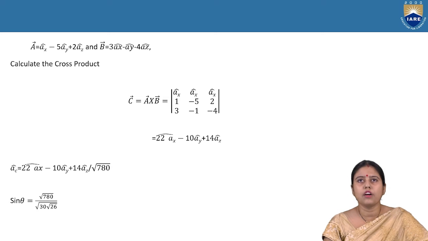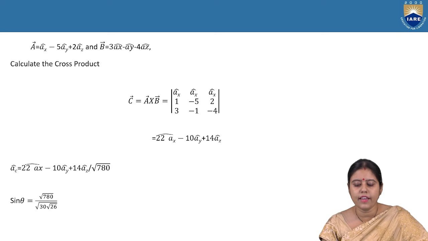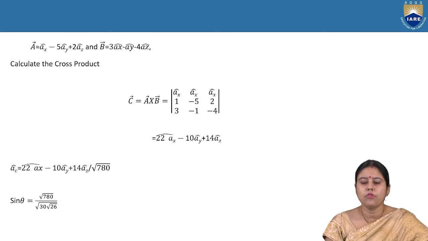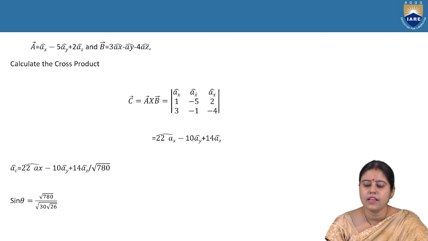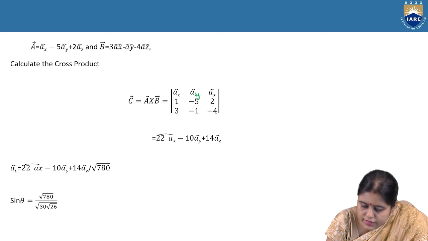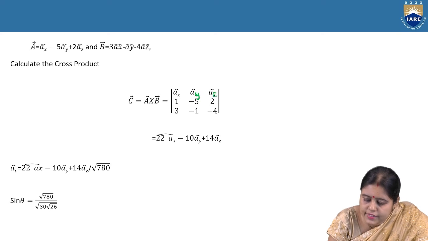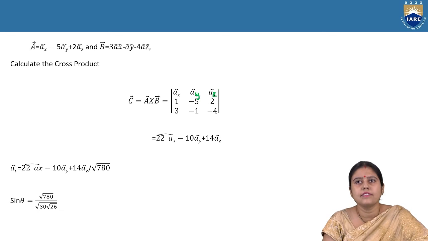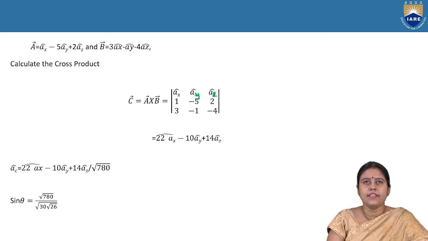So how to do the cross product, I have already discussed. This is the form if two vectors A and B are there, how to calculate the value. We have three values AX, AY and AZ.